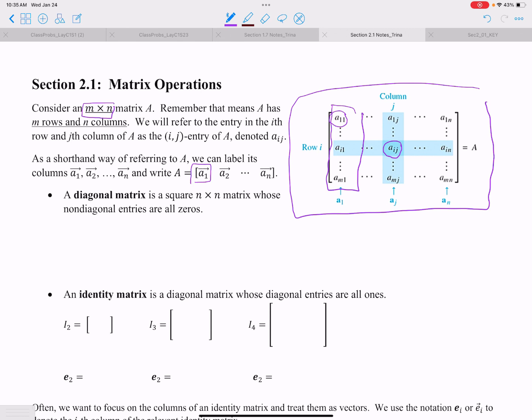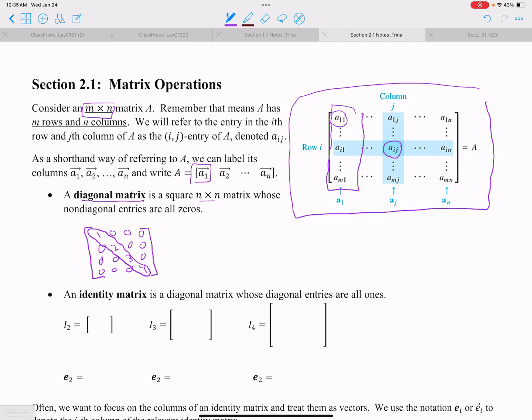A diagonal matrix is a square n by n matrix whose non-diagonals are all 0. So you might have like 1, 2, 3, 4, and then you have zeros everywhere else. So this diagonal is the only non-zero entries.